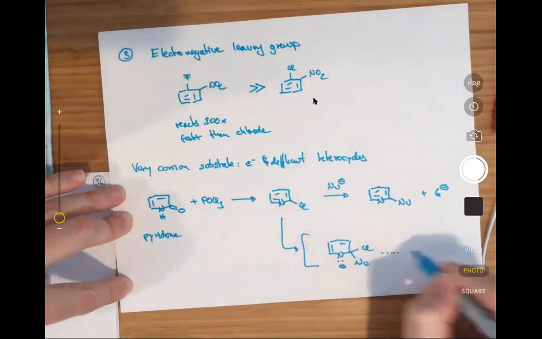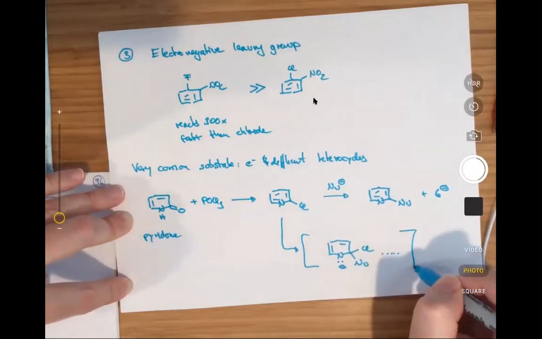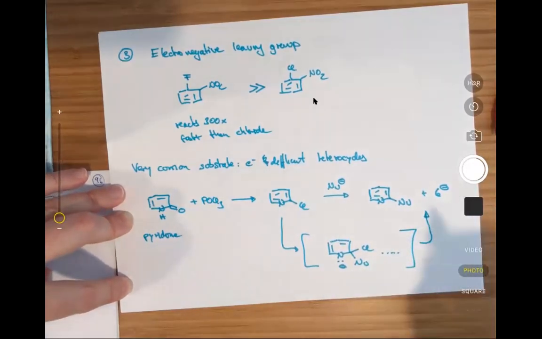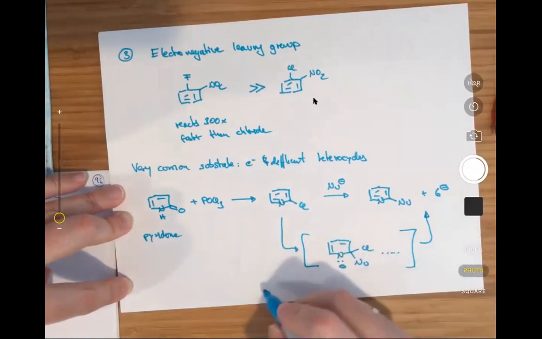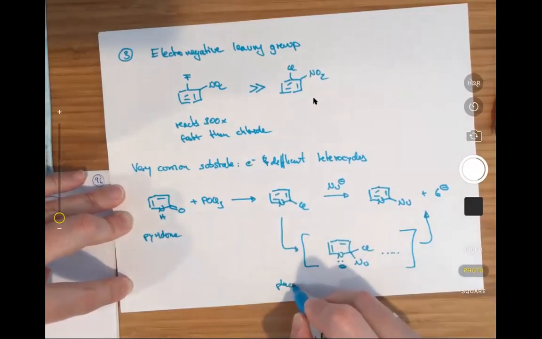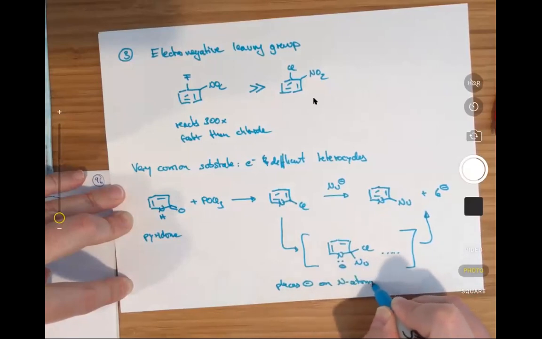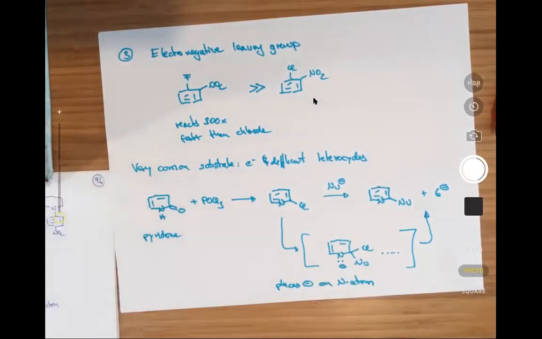So you can draw all the other resonance structures for that. But this is the most important one that basically places the negative charge on the electronegative atom. And that stabilizes the system, of course, more so than if you place it on a carbon atom, for example.